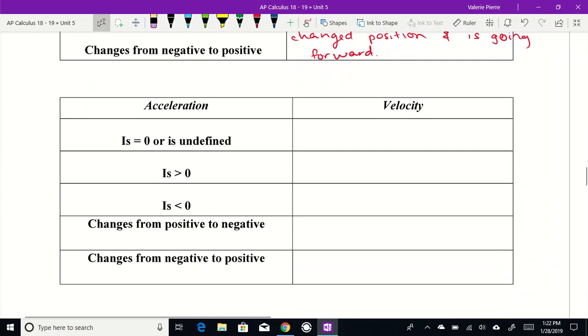Now with acceleration, our second derivative, and velocity, which is our first derivative, if acceleration is 0 or undefined, then velocity has a potential change in velocity. And if acceleration is greater than 0, then velocity is increasing.